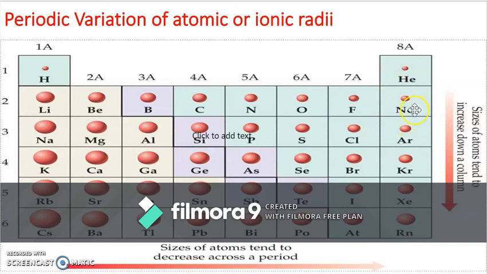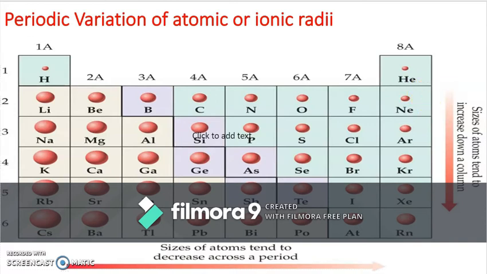However, the zero group, that is noble gas elements, have a completely filled outermost shell and are stable, and this shows a higher atomic radii.